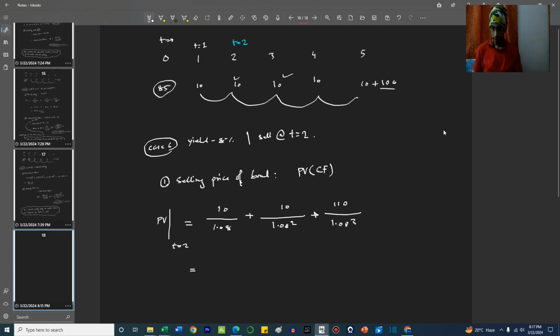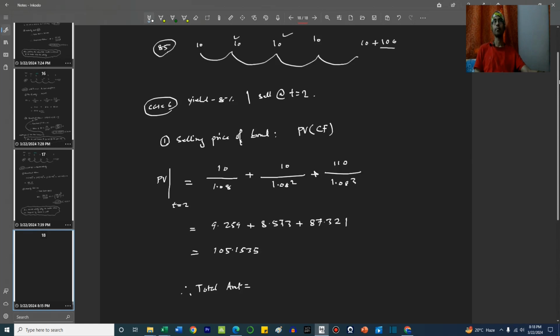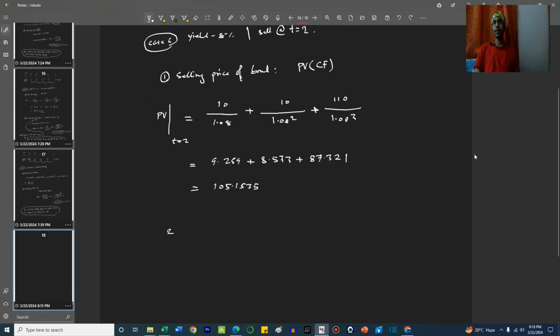This comes to be 9.259 plus 8.573 plus 87.32. If you sum it up, it comes to be 105.1535 approximately. Therefore, the total amount is 105.1535 plus, now we calculate the reinvestment returns.